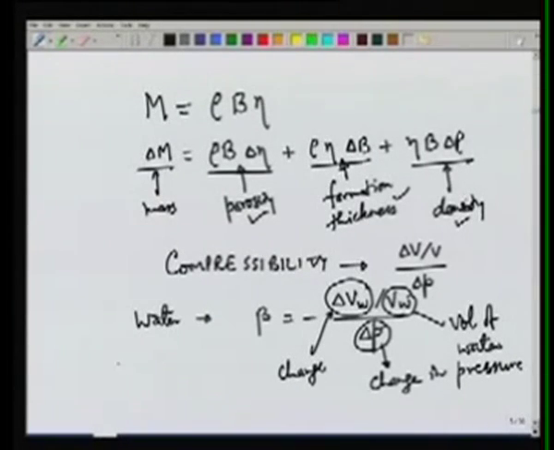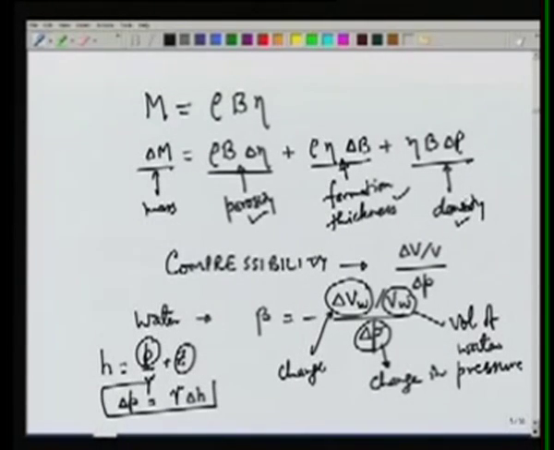As we know, the piezometric head H is P over gamma plus Z, where P is the pressure and Z is the elevation. Therefore, a change in pressure delta P can be written as gamma into change in piezometric head delta H. So we will be using this relation later on to find out the storage coefficient.